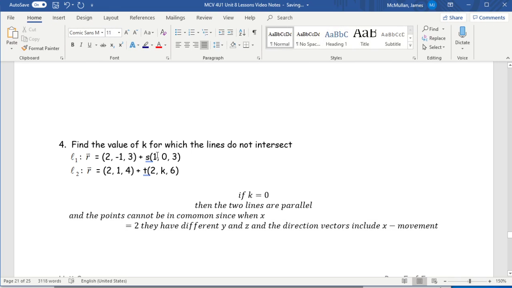So if it didn't move in the x direction, then it is possible that these two could be the same, because they would all be at the same spot. I'm not actually sure. I should probably just stop talking about that. But anyway, if k is 0, we can see the two lines are parallel.